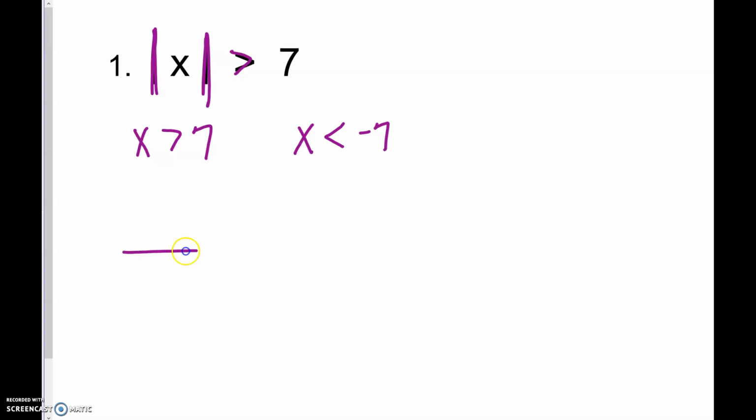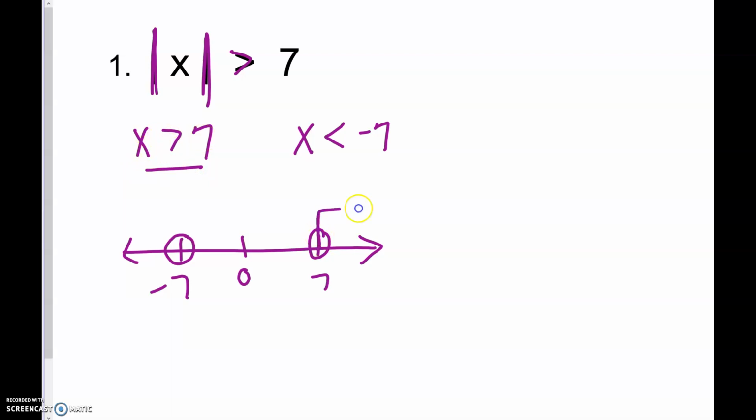Now, there's nothing for us to solve, so we can just go to our number line, put down 0, and we have the number 7 and -7, and neither one of these have lines underneath, so they're both going to be open circles. And this first one here is read, any number is greater than 7. So greater than 7 goes to the right. And the second one here is read, any number is less than -7, and -7 goes to the left.